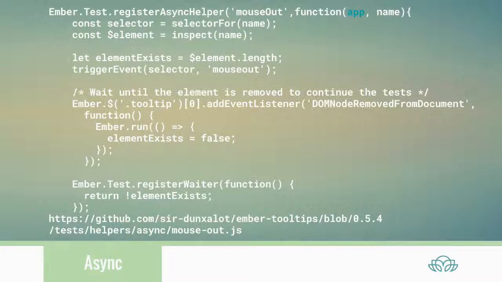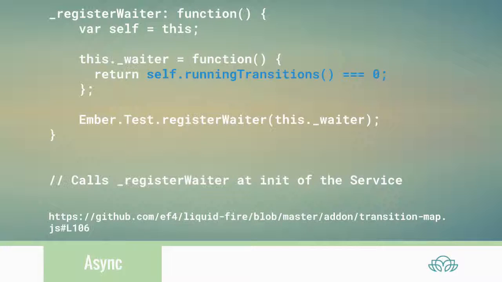I personally have not done this technique, but the next technique I found in Liquid Fire, which is creating the waiter inside of your actual code base. So this is inside of a service inside of Liquid Fire, and it registers the waiter when the init of the service happens.